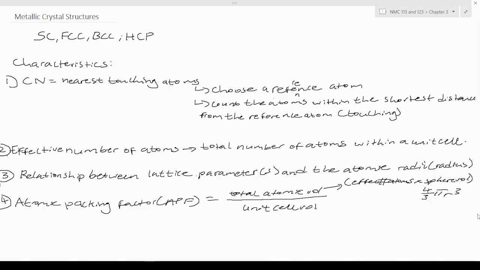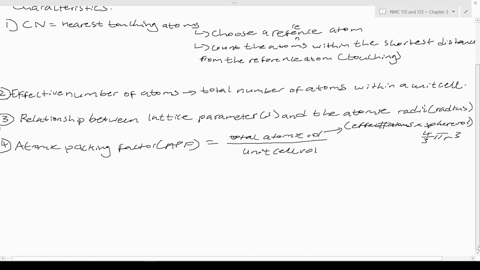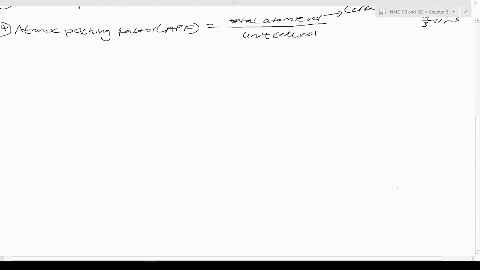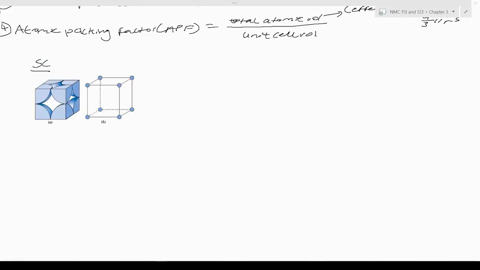Now we're going to look at the crystal structures individually, but first let's start with the simple cubic crystal structure. So here we have the unit cell for a simple cubic structure. Now let's determine the coordination number for the simple cubic.